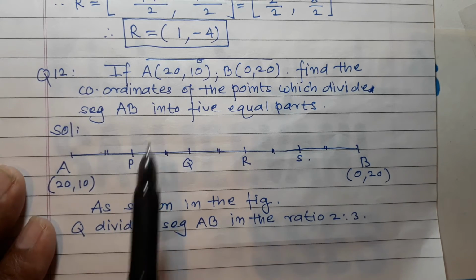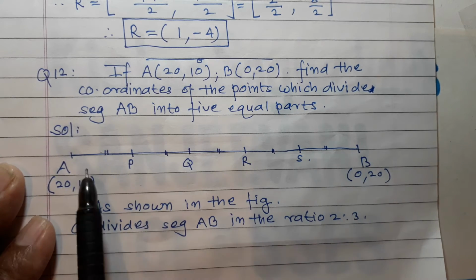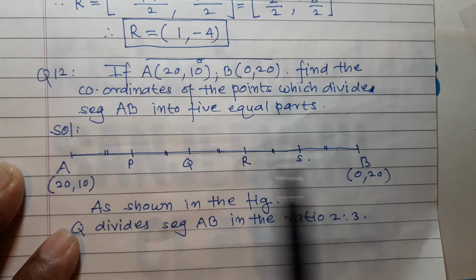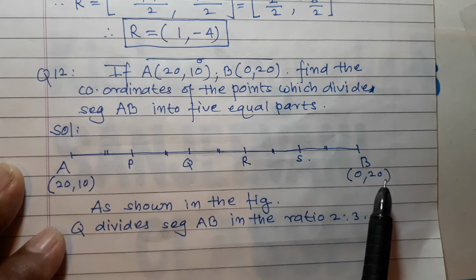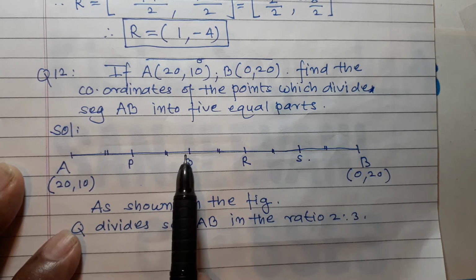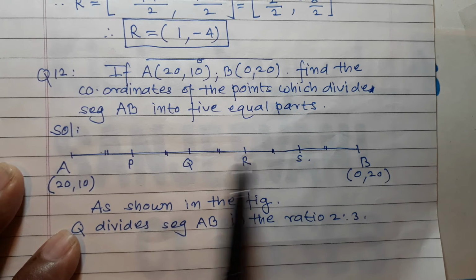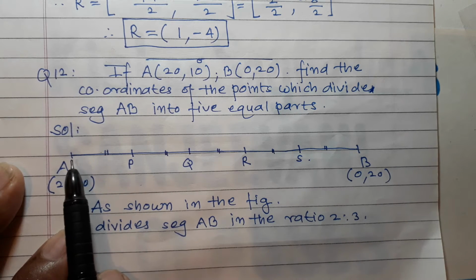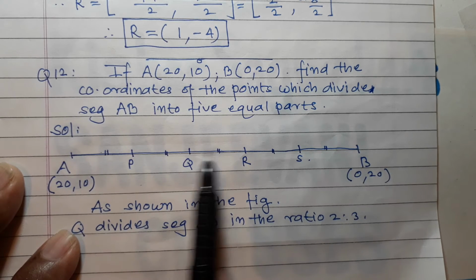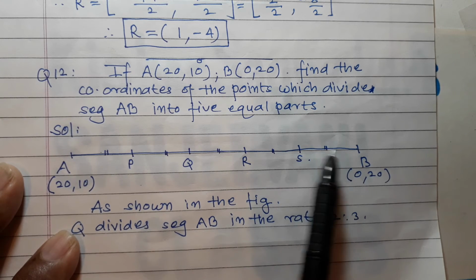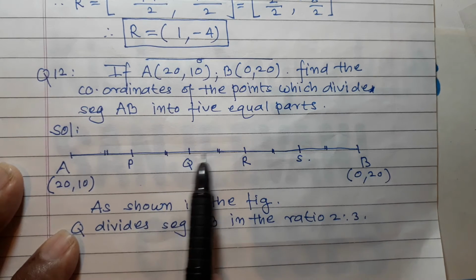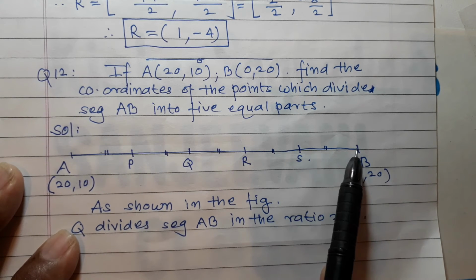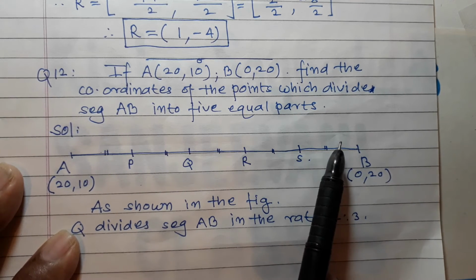Solution. Draw your figure. A(20, 10), B(0, 20). Then P, Q, R and S make 5 equal parts of AB. Means this part, this part, this part, this part and this part are equal.